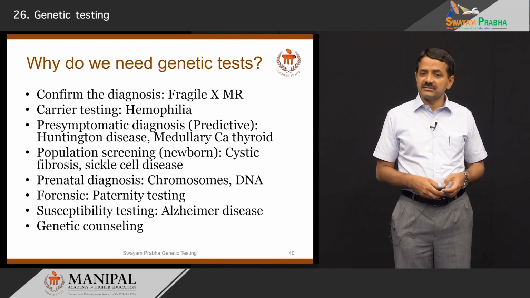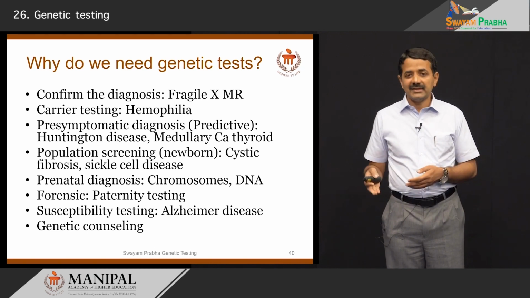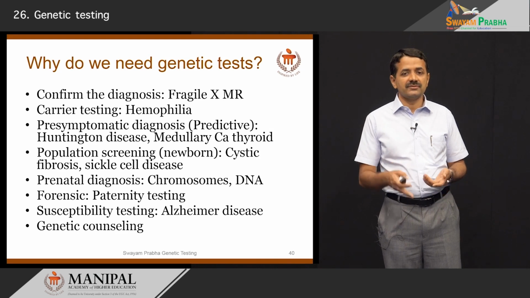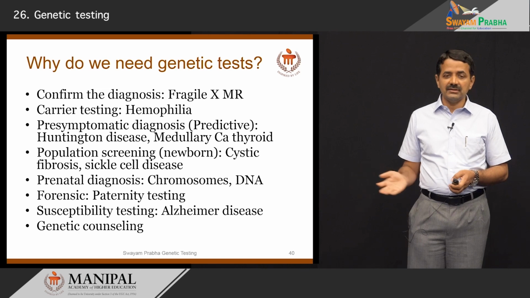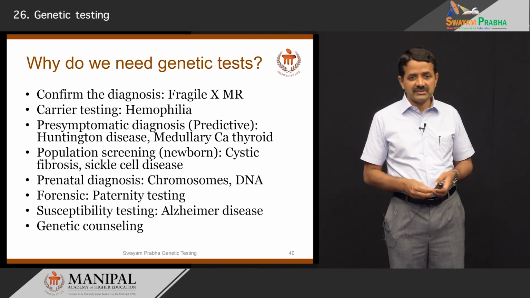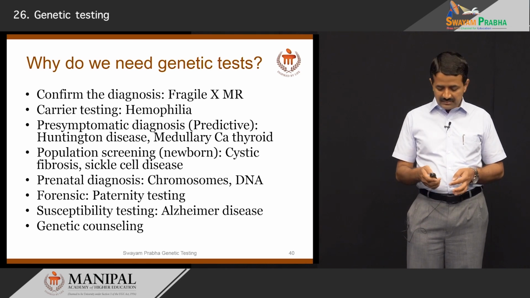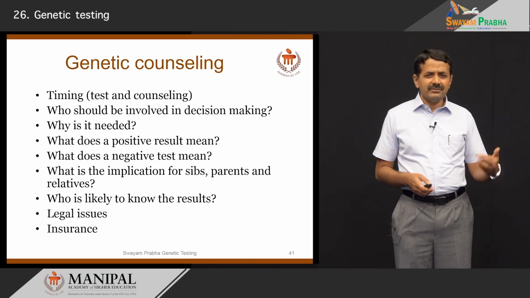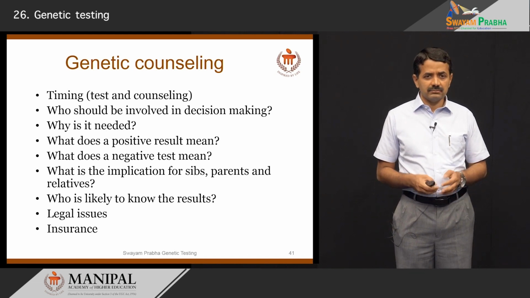Prenatal diagnosis can be chromosome analysis for Down syndrome, or DNA analysis for thalassemia, Duchenne muscular dystrophy, spinal muscular atrophy. Even in forensics for paternity testing, susceptibility testing for Alzheimer's disease, and for appropriate genetic counseling we might need genetic tests. I would like to tell you all genetic tests should be ordered with appropriate genetic counseling.